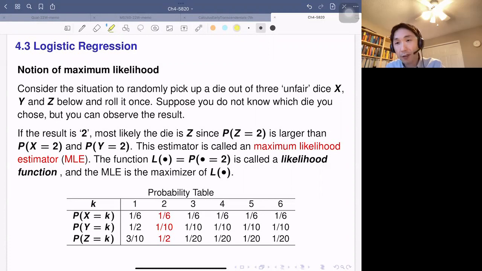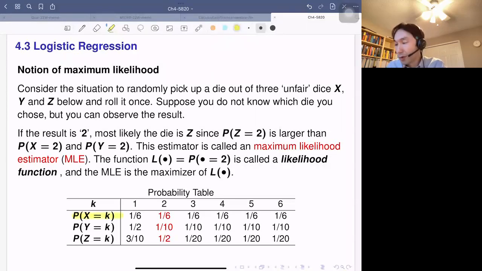Then based on the result, we want to see which die we rolled. We randomly picked one and rolled it, and we only see the result. We don't know whether the die is X, Y, or Z.